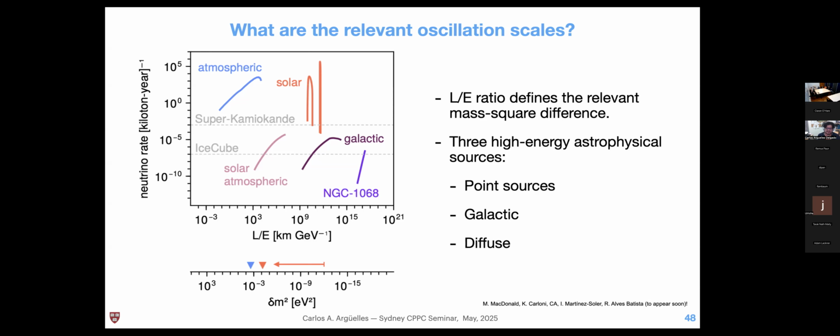And the orange arrow here corresponds to the limit from solar experiments, which constrains up to about 10 to the minus 11 or 12, depending on the analysis. So the question is, are there any hyperfine splittings to the right of this mode? We have three astrophysical sources that we can use: the point sources, galactic sources, and the diffuse flux.